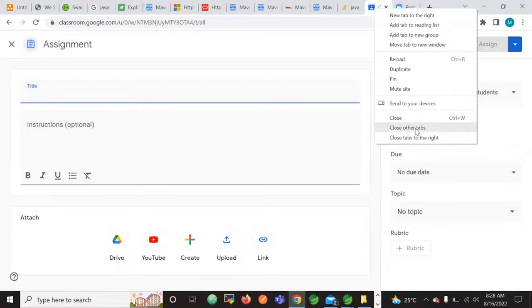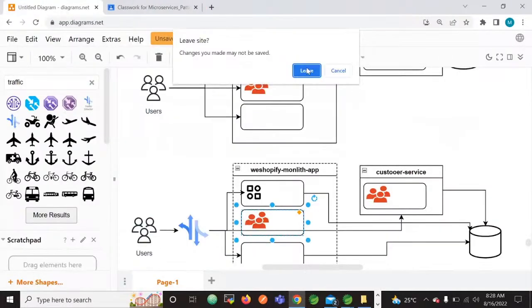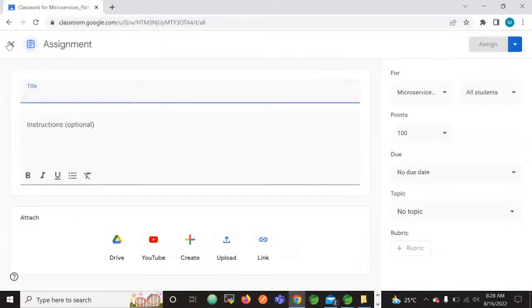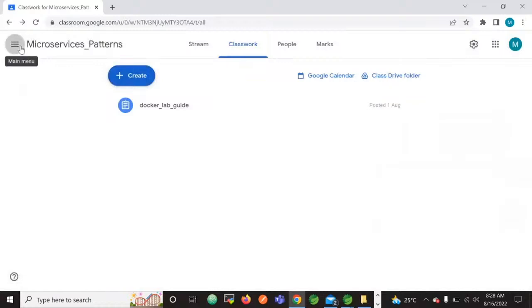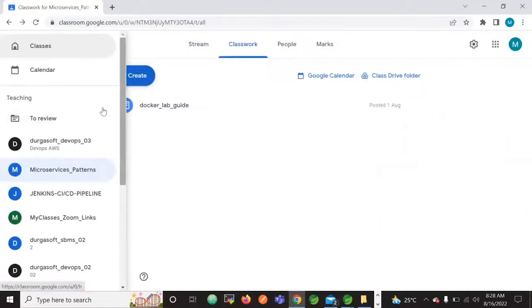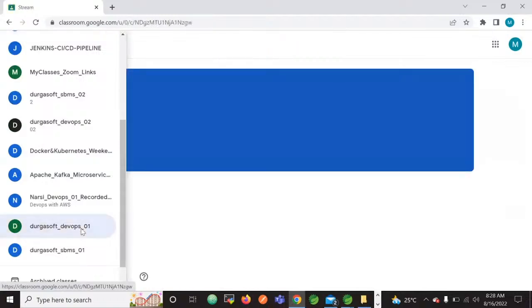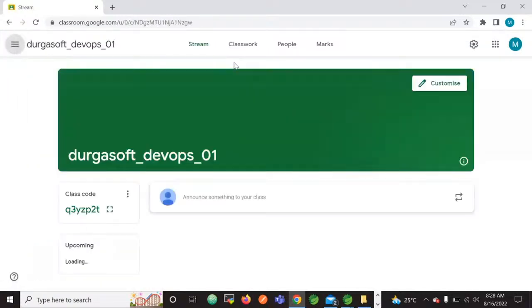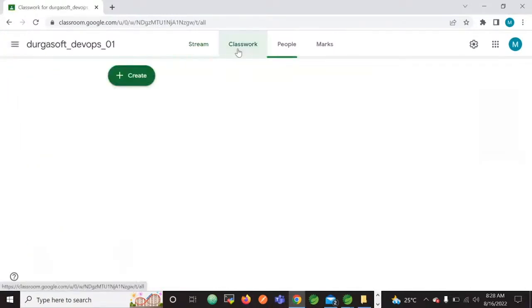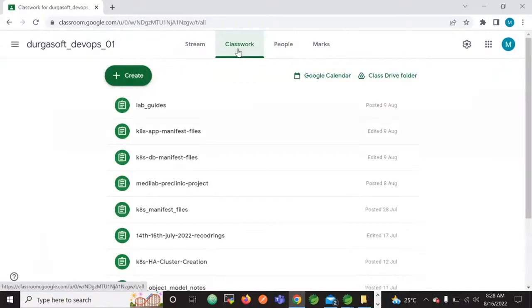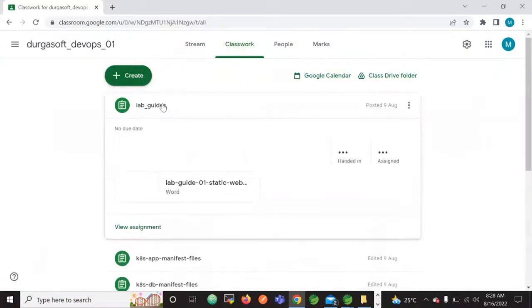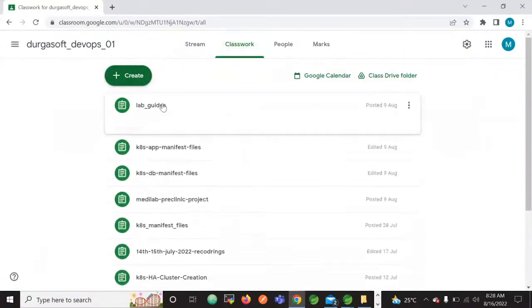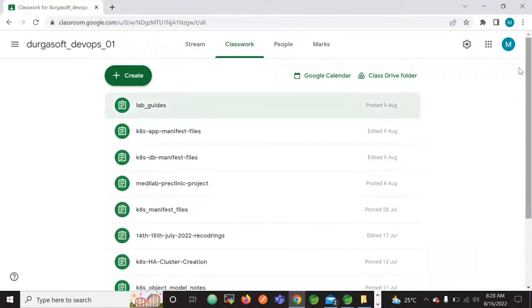So let me close other tabs. Yes, so this is the classroom, like DevOps 2, DevOps 3, DevOps 1, like that. This is DevOps 1. So a Google Classroom is created where every material, notes and all, will be posted, like lab guides, architectural documents and all.